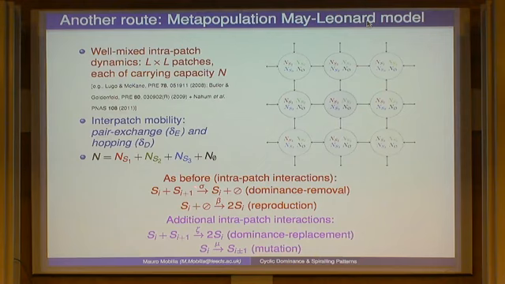S_i displaces S_{i+1} with the same rate as before, sigma. In addition, we also say, this is probably what you referred to, that S_i dominates S_{i+1} by eliminating S_{i+1} and reproducing, by just substituting it, right? This is what you were referring to.